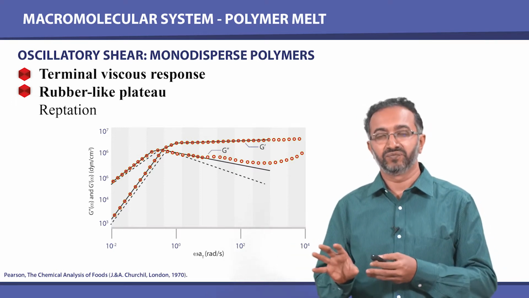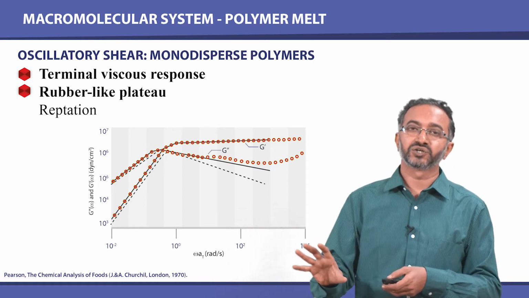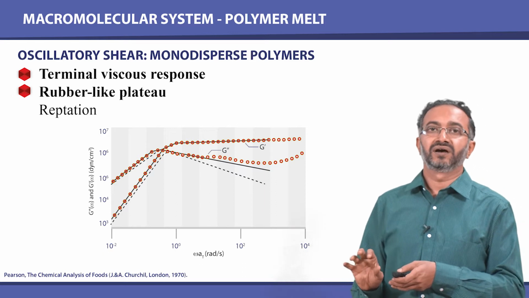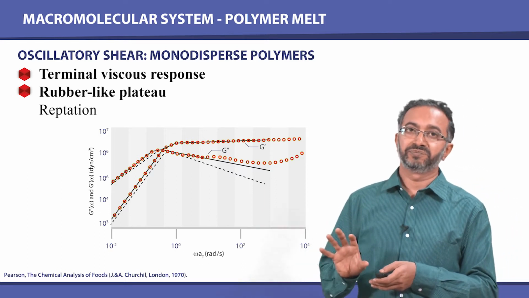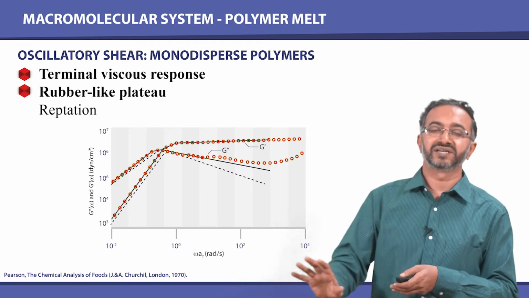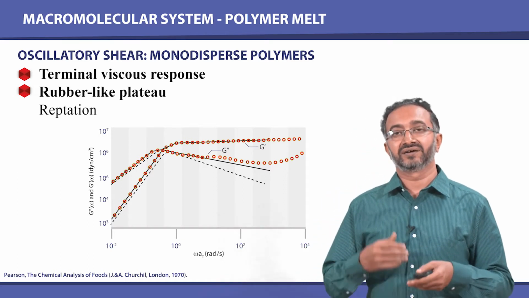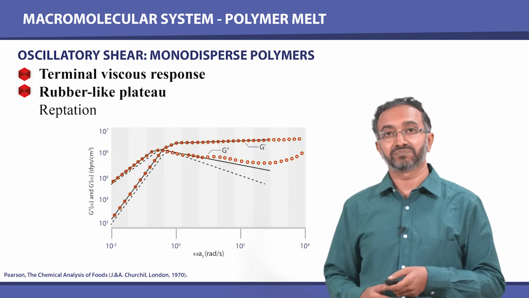On one side we try to do very controlled experiments with very controlled samples, monodisperse, maybe uniform size of particles in case of colloidal systems. All of these are to understand what the mechanisms at play are.